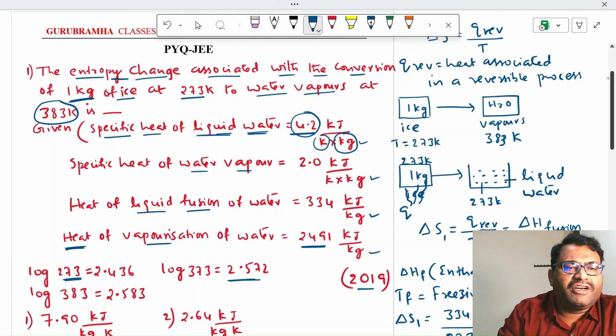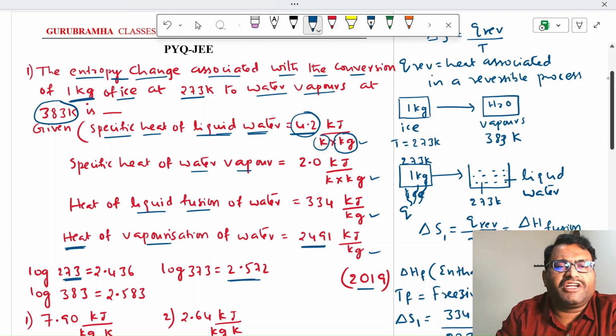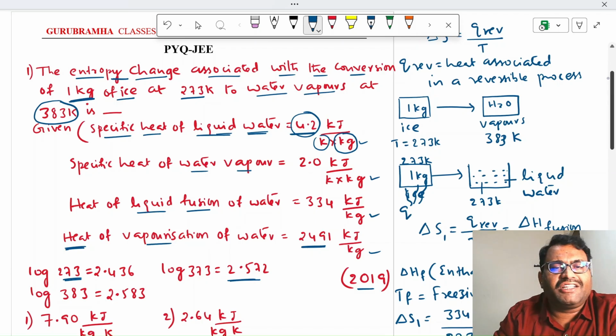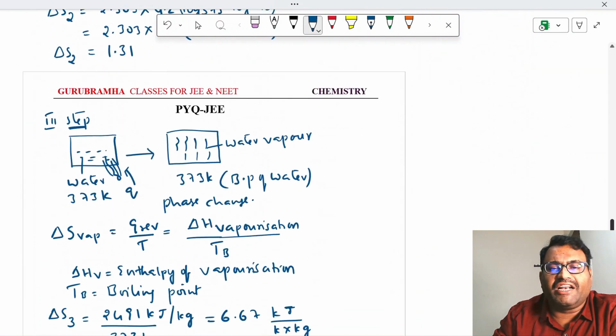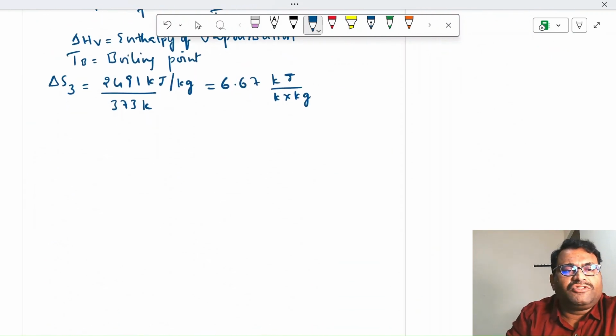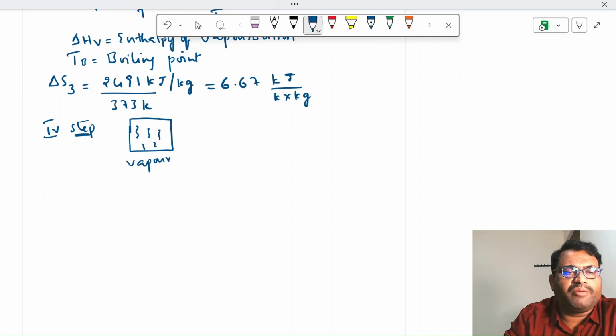Now you are heating 1 kg of ice. It has converted into water at 273. Again you heat it and it becomes water at 283 Kelvin. Again you heated it and it converted from liquid water to vapor at 373. But you need to increase its temperature up to 383 Kelvin, right? So the fourth step: here you have water vapors.